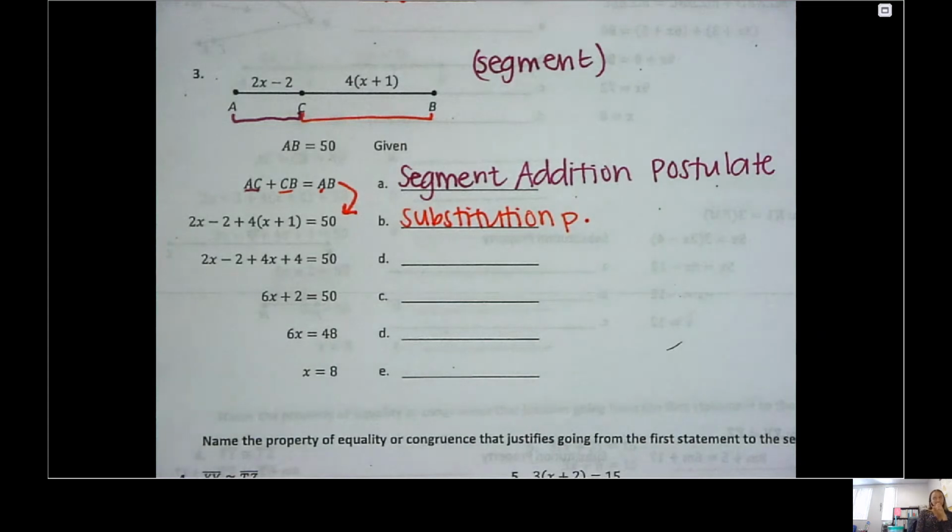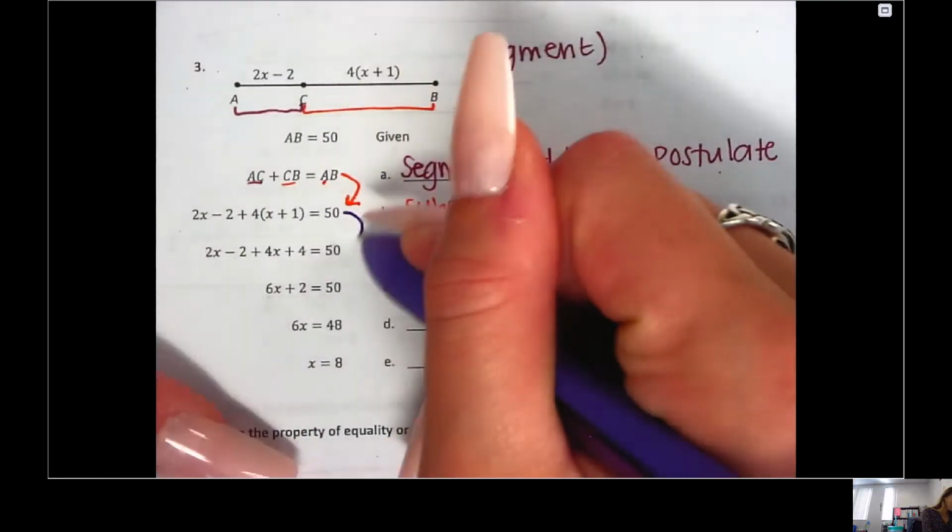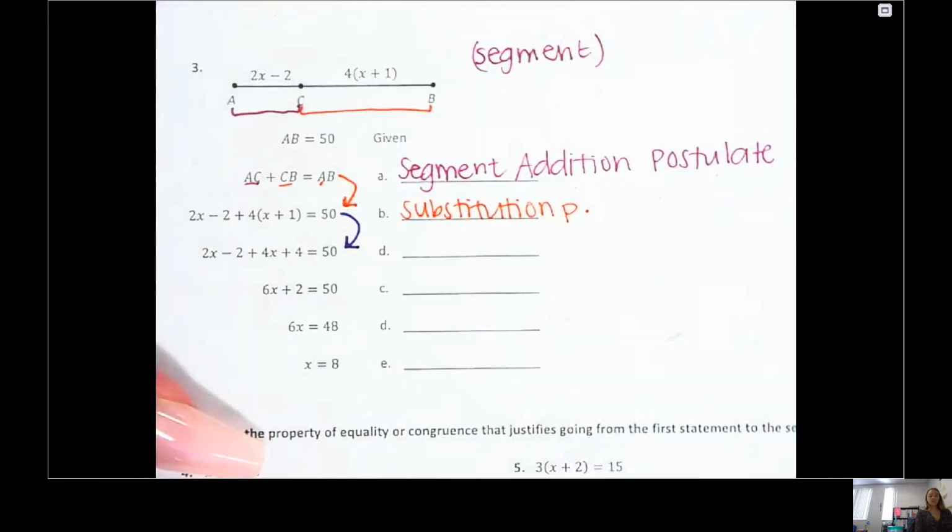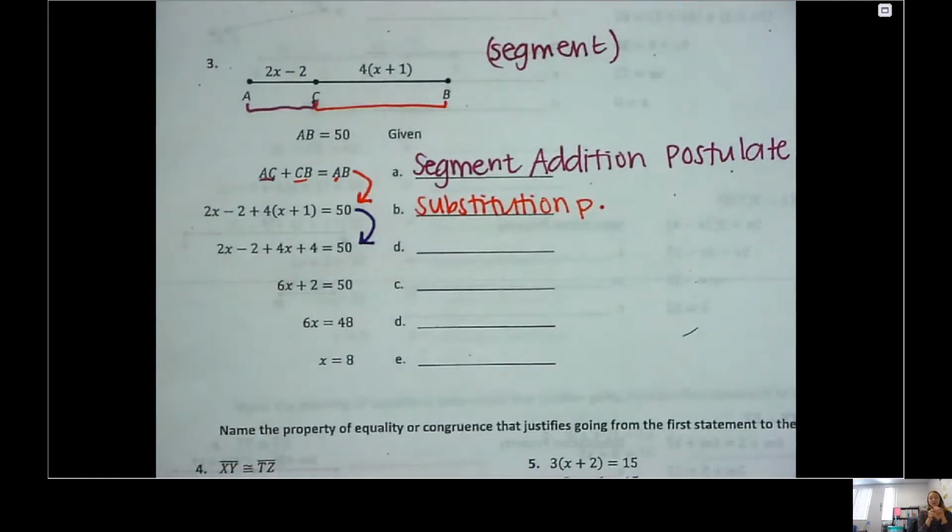Okay, now I substituted it in. How do I get from B to D? The lettering is off, so I apologize. What should I do to get from here to here? What do you notice is happening? Where's the change?